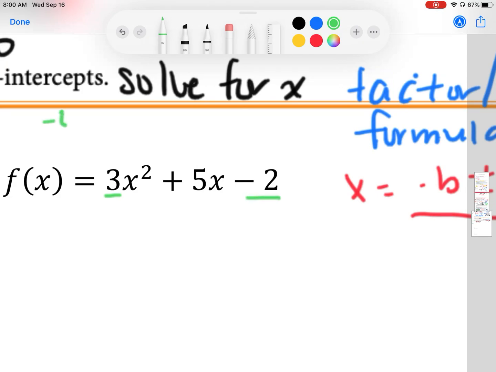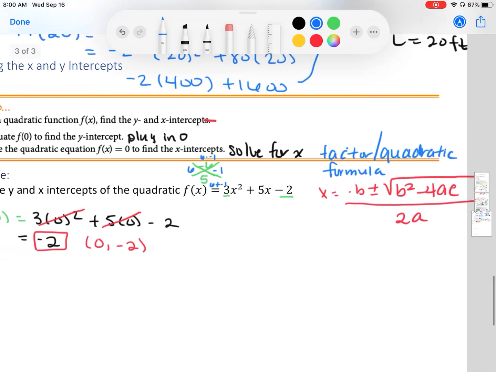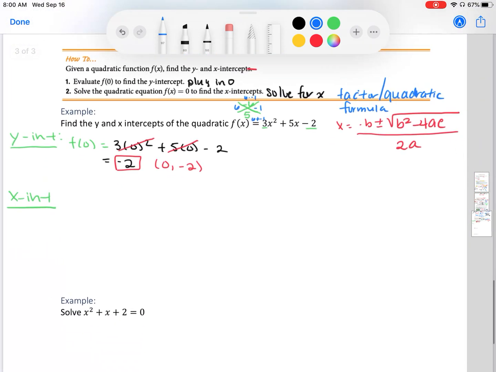So I multiply them. Is there a number that I can multiply to give me negative 6, but add to give me my middle number, which is 5? 6 times negative 1 gives me negative 6, but 6 plus negative 1, I get 5. All right, so maybe this can be factored by what's often called the AC method of factoring.